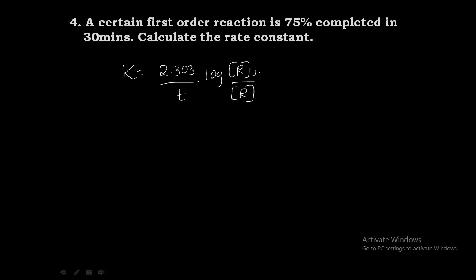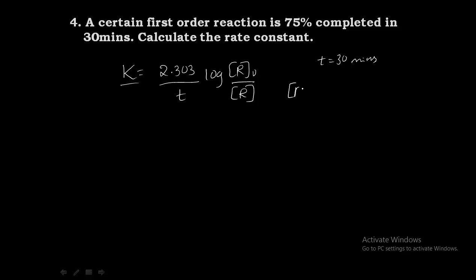Since they have given first order, we have to take this formula. Now, what they have given? They have given the time, that is T is equal to 30 minutes. And what is the value of R naught and R? If we know the value of R naught and R, then we can get the value of K, that is nothing but rate constant. So R naught indicates initial concentration of reactant.